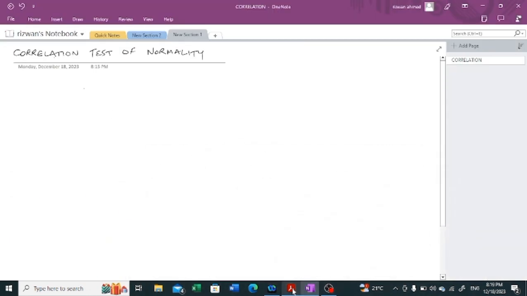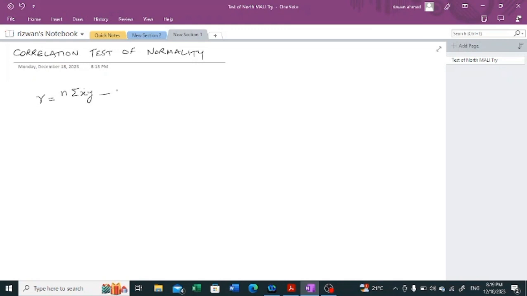Now, we are first going to construct or make an amendment in the formula for the coefficient of correlation. For this, I'm writing down the formula for the coefficient of correlation.